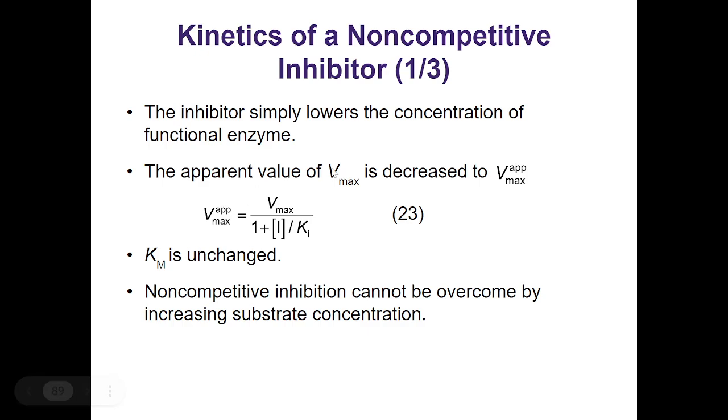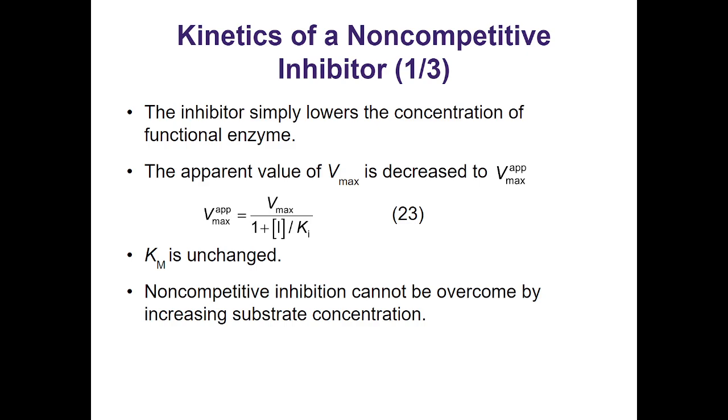See that? Okay, so the Km, however, is going to be unchanged because it still binds, doesn't it? We haven't changed the binding at all. All we did was change the amount of product we can make. So it still binds to the enzyme-inhibitor complex, or if you don't have the inhibitor, it still binds to that. Doesn't change that at all.